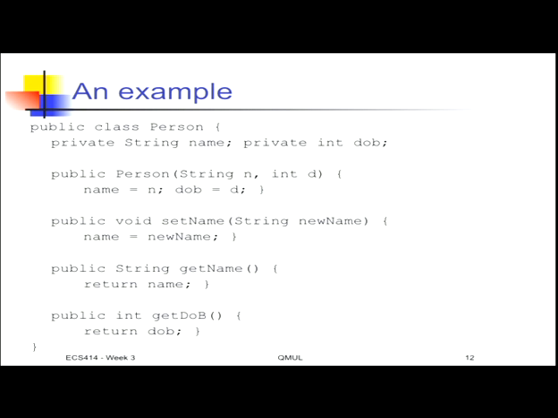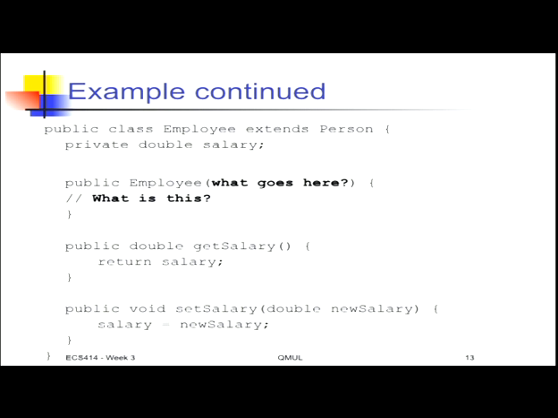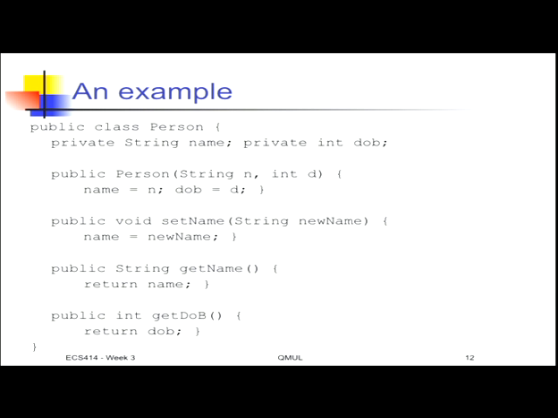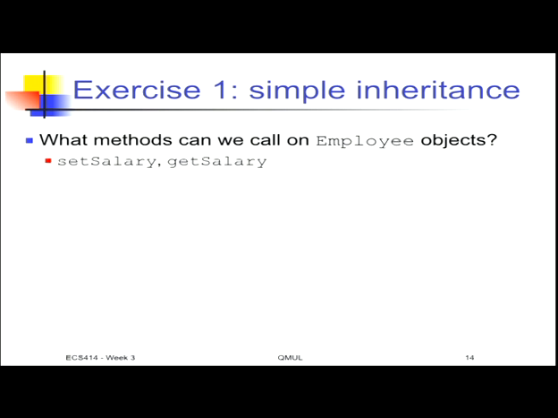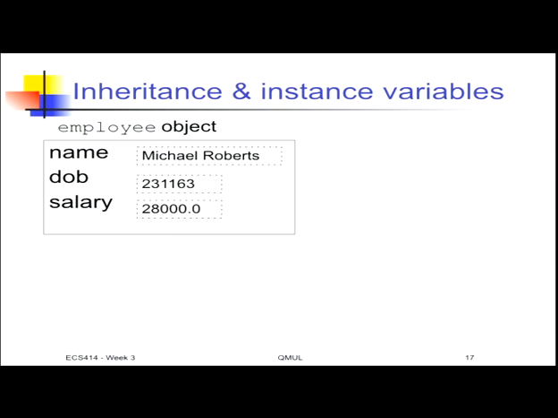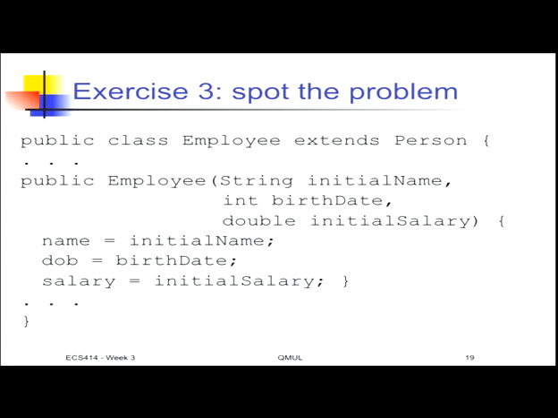So this was Person. You see that name and date of birth are private in this class. And then we have Employee. In the constructor of Employee, we try to initialize salary, which is defined in this class, but also name and date of birth that are private in the other class.